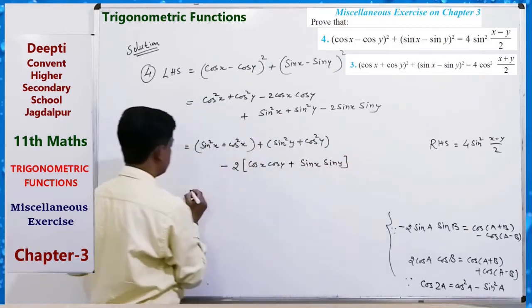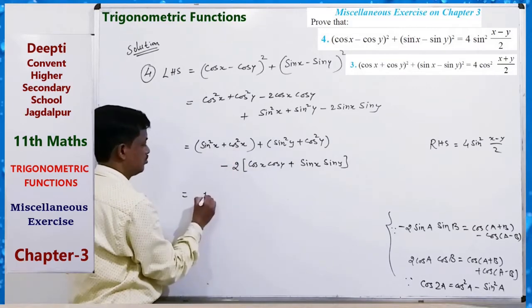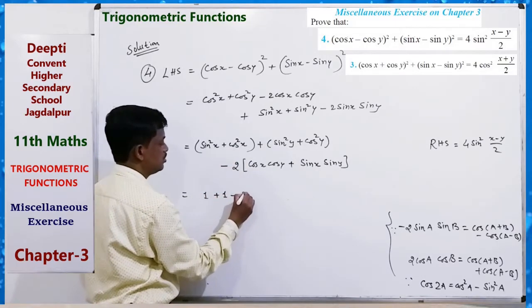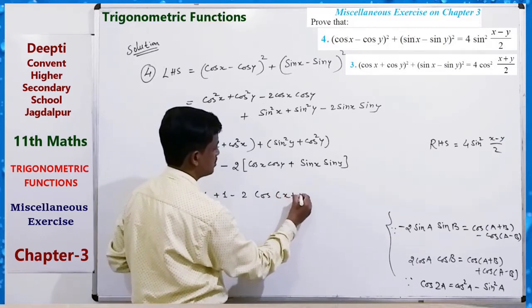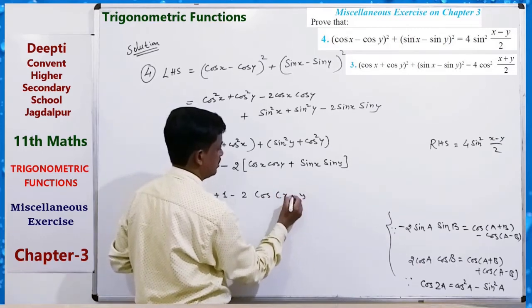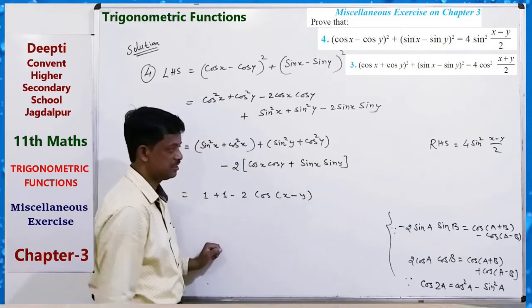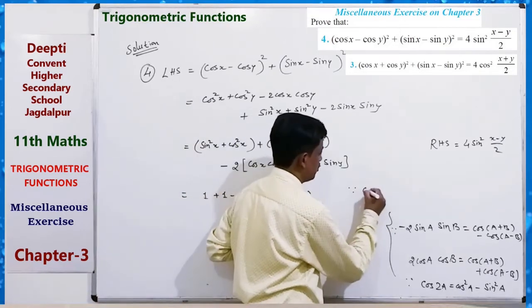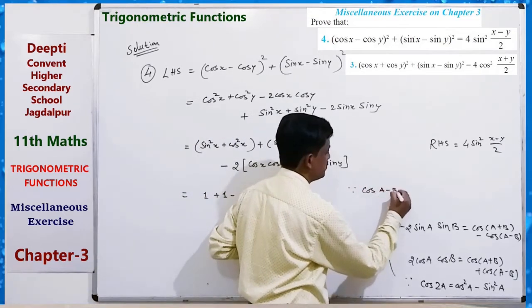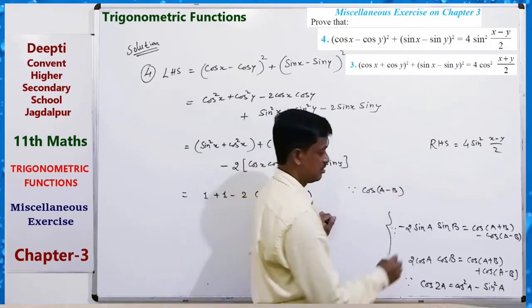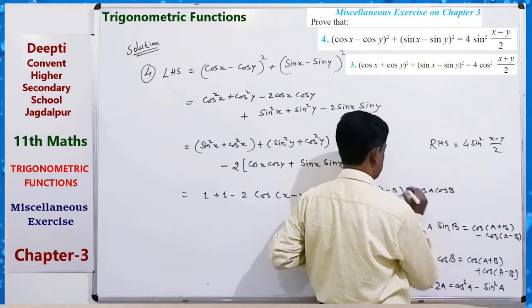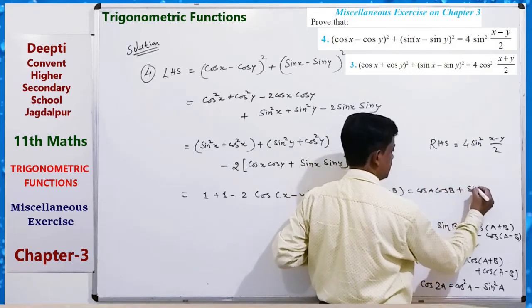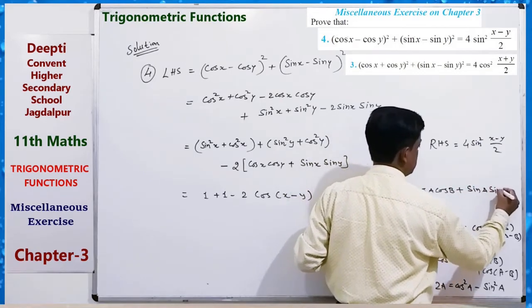So we can get 1 plus 1 minus 2 of cos of (x minus y). What is the formula? cos(a minus b) equals cos a cos b plus sin a sin b.